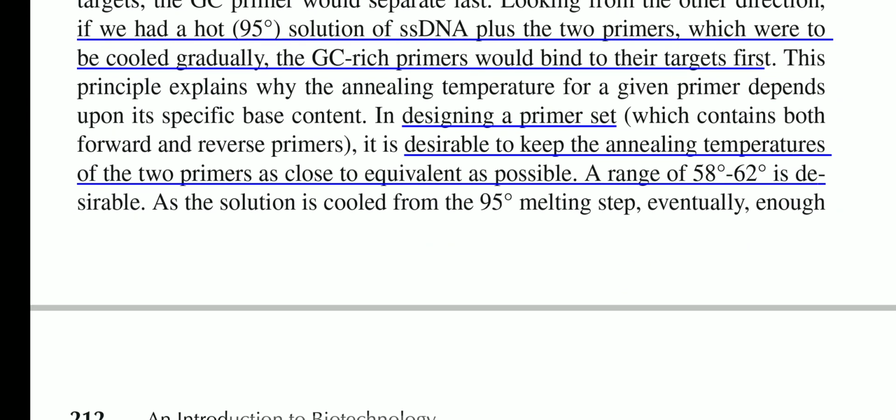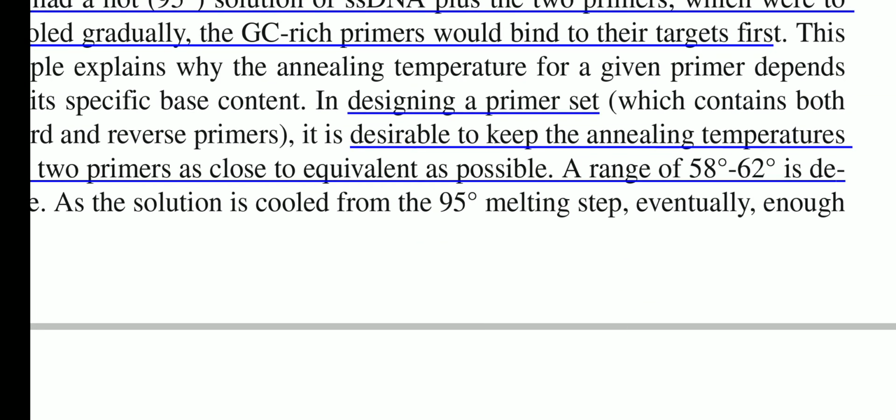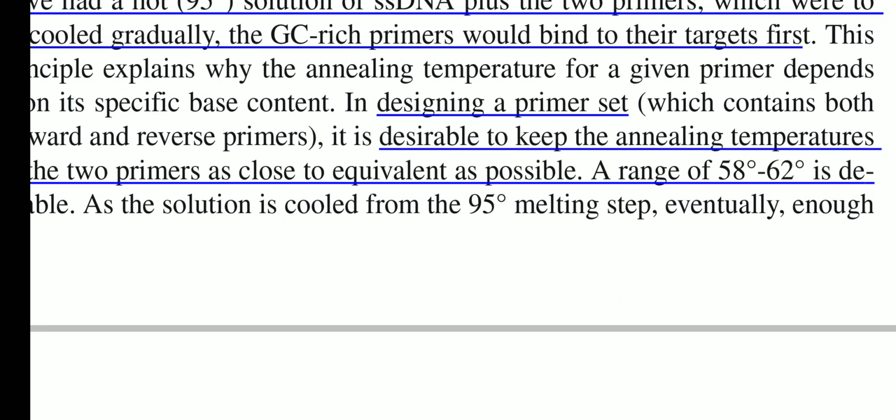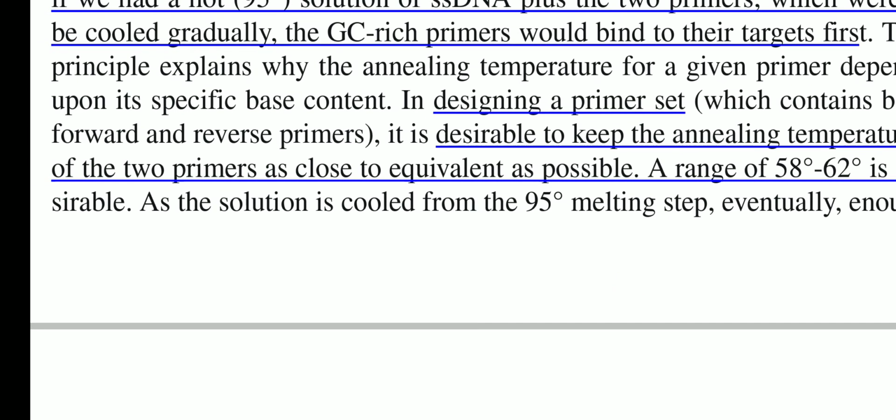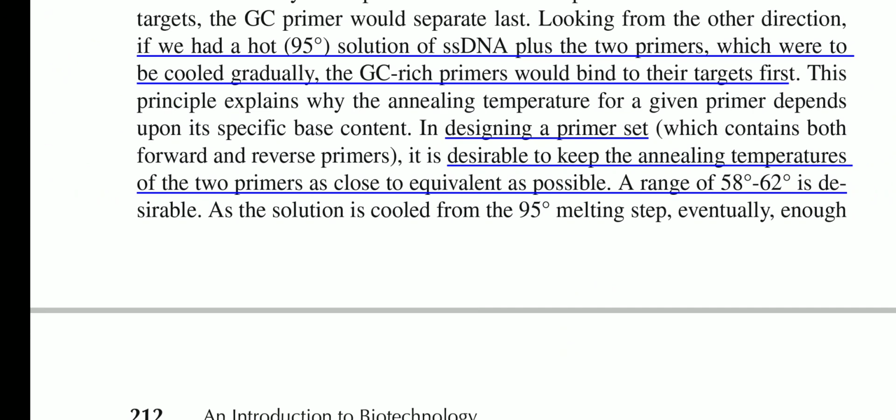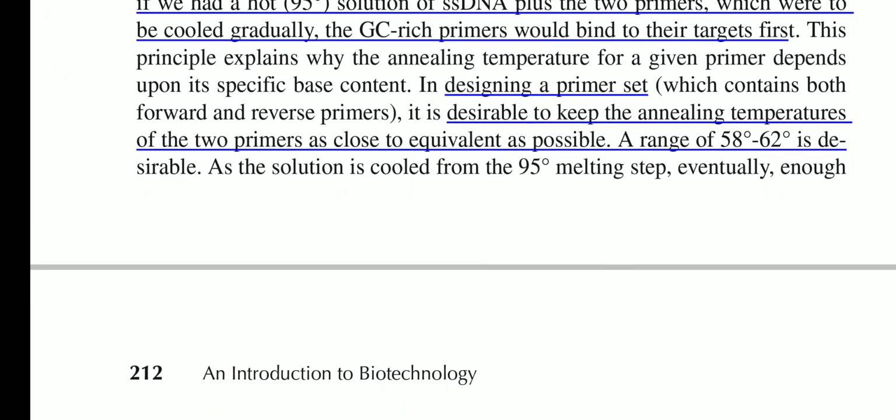Okay, so it's better to design a primer whose range will be between 58 to 62 degrees Celsius. And we also have to design in such a way that the annealing temperature remains lower than your extension temperature. Getting my point?